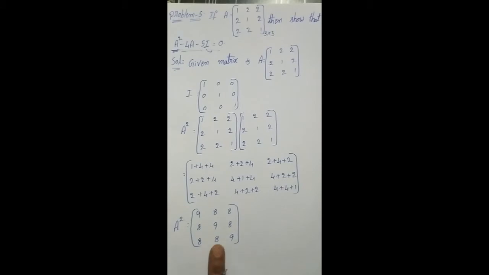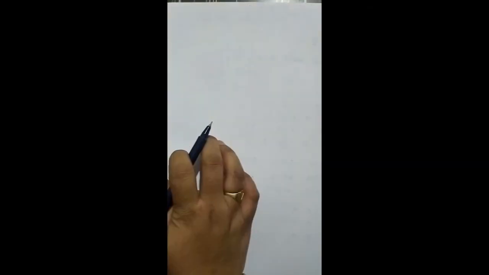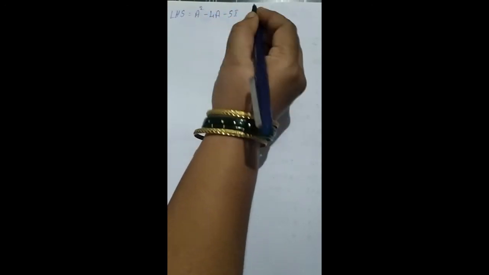Next, we have to take the LHS value and then prove RHS. LHS equal to A square minus 4A minus 5I.